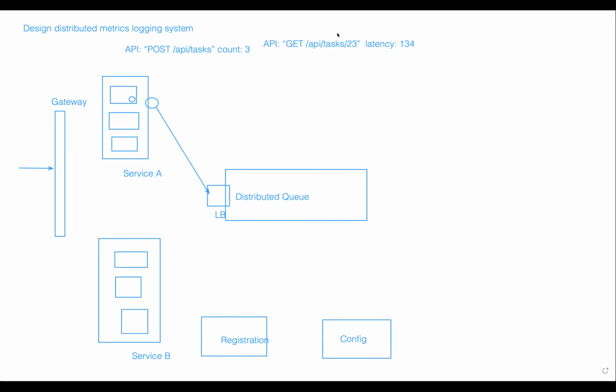If you only have a single dedicated instance, because let me draw more. This distributed queue has multiple instances, right? If we are associating one instance with one machine, and this goes down, and it tries to push to the same machine, we might lose the data, right?